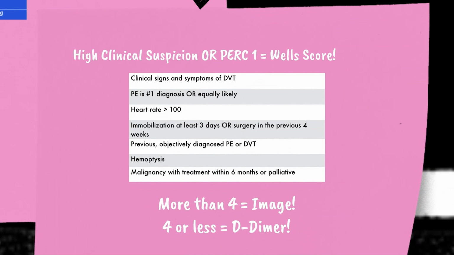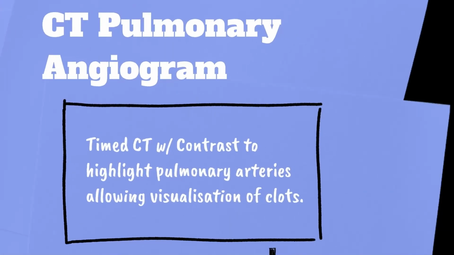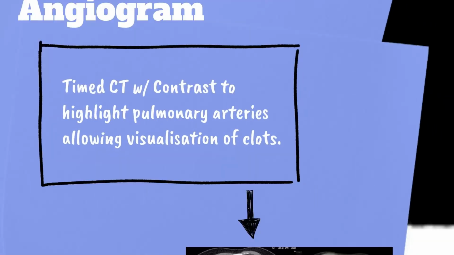If a patient scores greater than 4, it means that they will need further imaging to exclude a PE. You should start anticoagulation in the absence of any contraindications. The most likely imaging will be a CT-PA, CT pulmonary angiogram, which is a protocolized CT that looks at the pulmonary arteries in more detail.